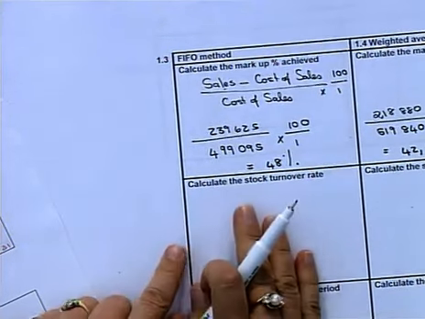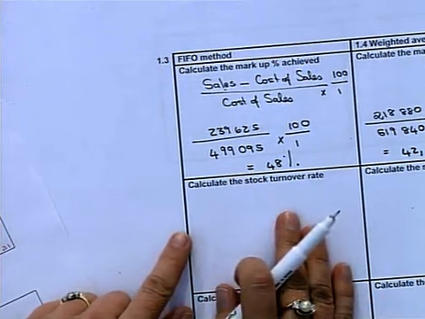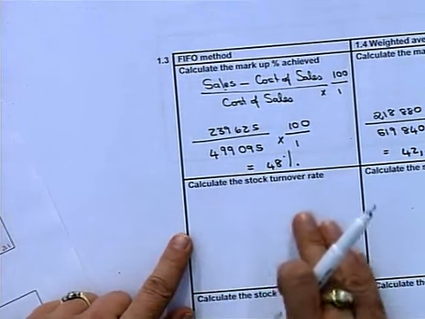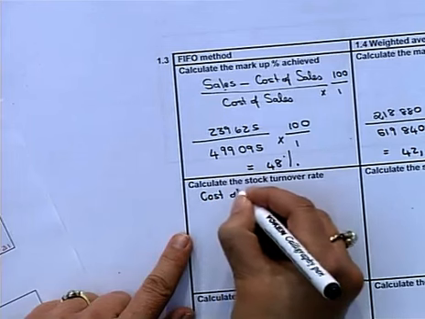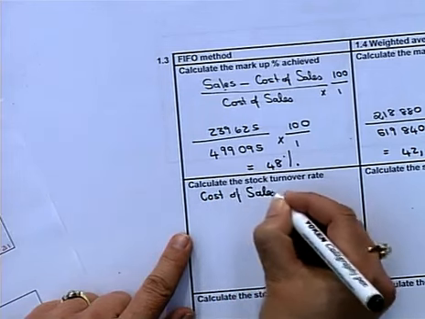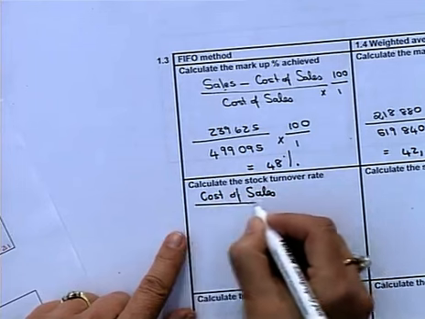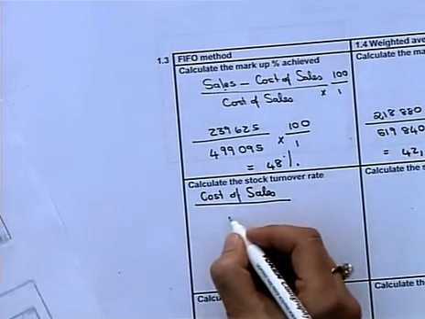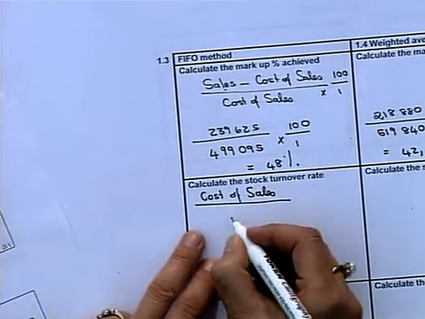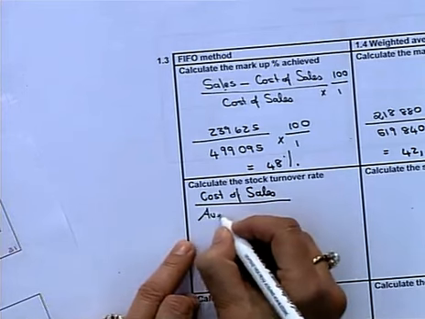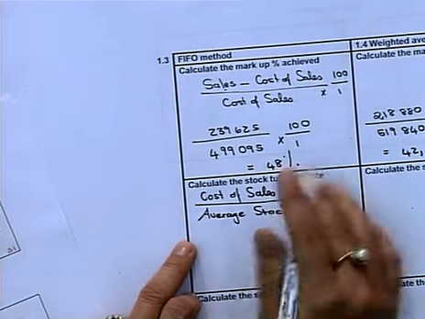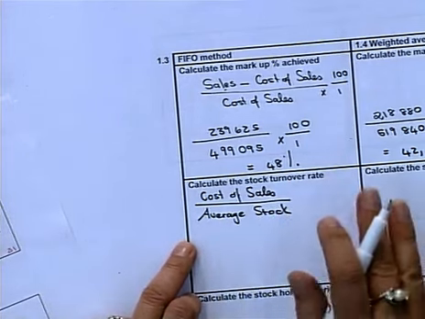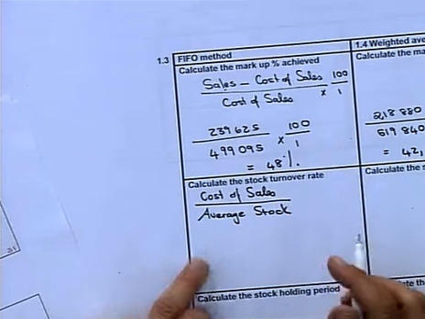Okay, so calculating the stock turnover rate, or how quickly my stock turns, I'm going to say cost of sales, and I divide it by the average stock. It's not times 100/1, because you're going to get a number of times in your answer.